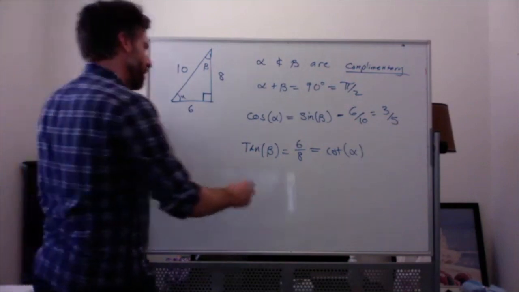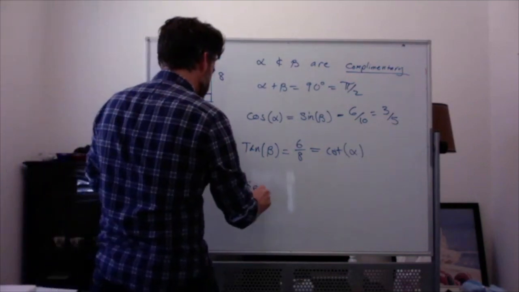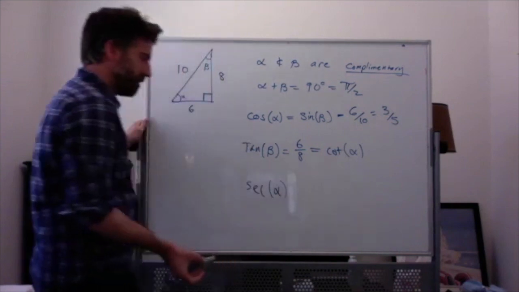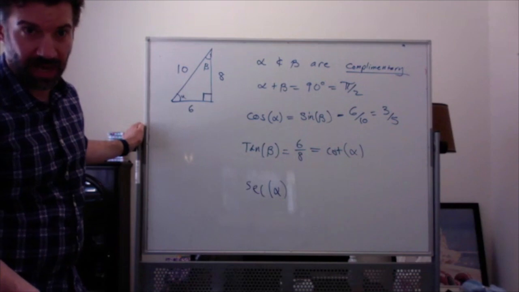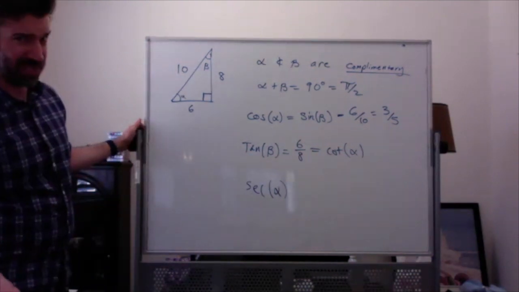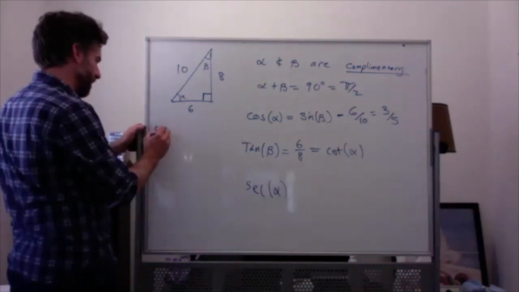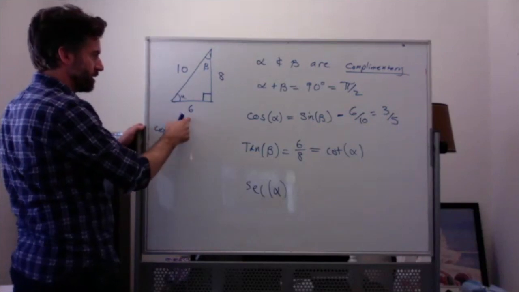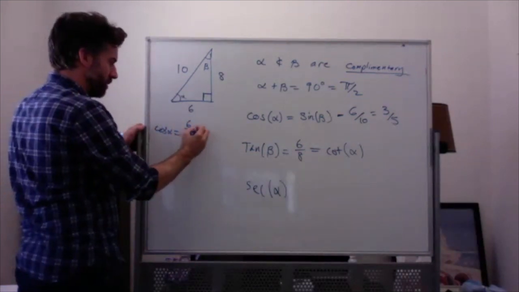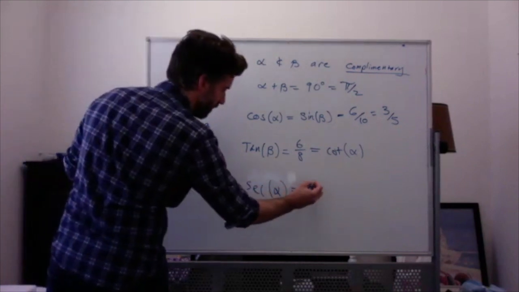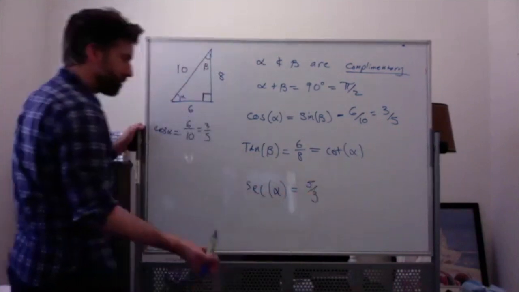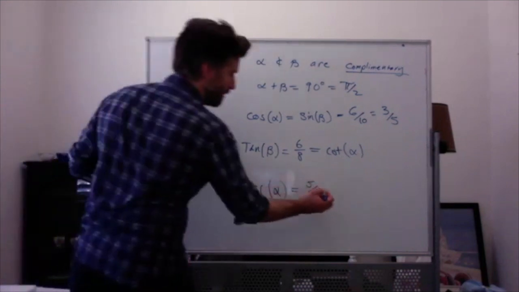So one more. Say, secant of alpha. I know that secant is the reciprocal of cosine. So cosine of alpha is 6 over 10, which is 3 over 5, so secant of alpha is 5 over 3. And that should be the same as what?